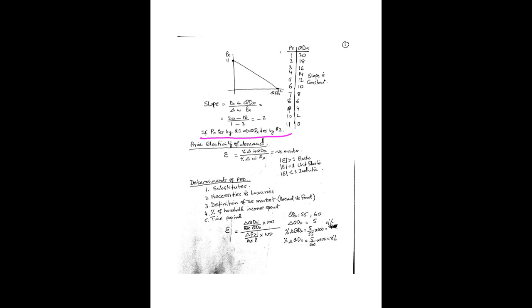This 2 is actually the slope, and the negative sign is depicted here. If price increases, then Q decreases. So they are moving in opposite directions. Are you getting my point? So for example, if the slope is minus 4, it means that if the price of X increases by $1, quantity demanded decreases by 4 units. So this is the meaning of slope.